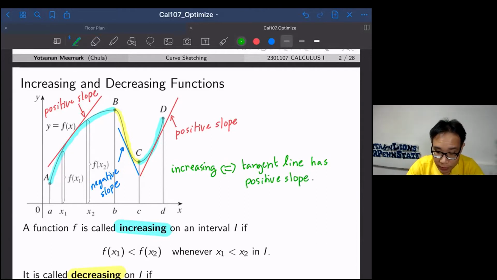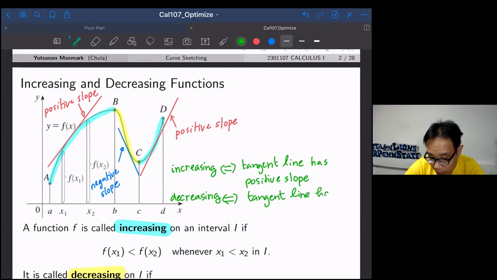Okay, and decreasing if and only if the tangent line has negative slope. So the sign of the slope turns out to be the key thing in order to determine decreasing and increasing.